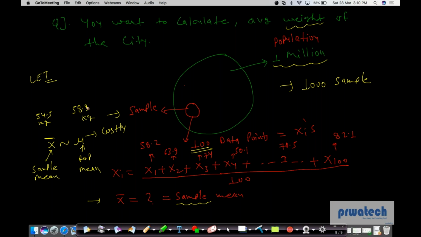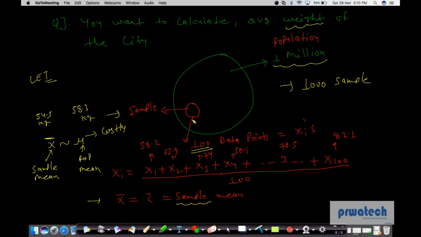Do you agree with this point? This is the whole concept of statistics: when you increase your sample, your accuracy is better. If I give you just 10 data points and ask what your accuracy is, you can tell me any biased number. I cannot rely on 10 data points, or 50 or 100 data points. That's why I'm giving you more samples.